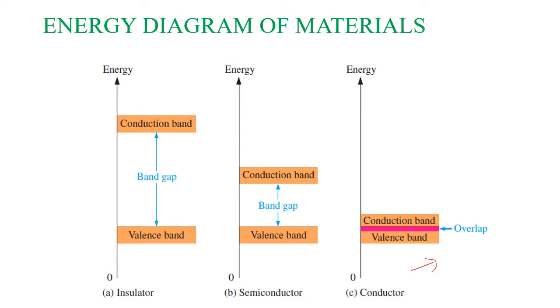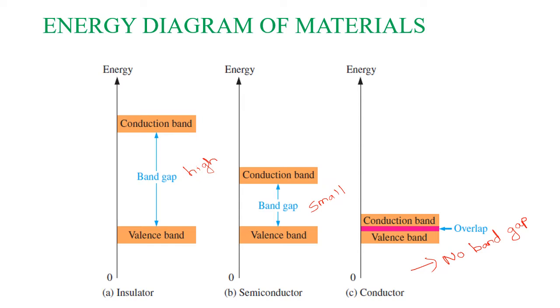When it comes to semiconductors, there is a small band gap between the valence band and conduction band. When we discuss insulators, the band gap is very high. The band gap between conduction band and valence band is high.